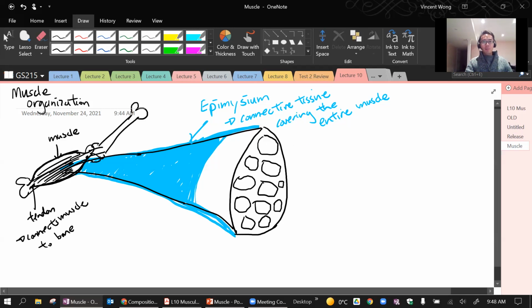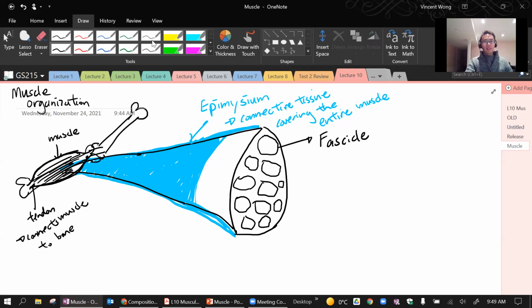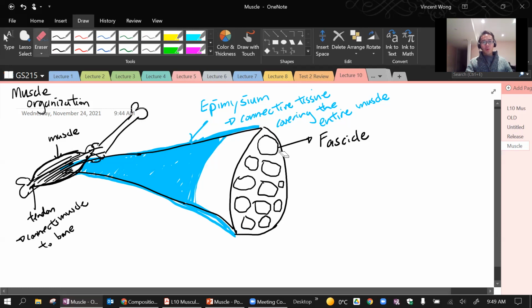Each of these little circles is called a fascicle. I'll tell you what a fascicle is in a second. So one fascicle here, another fascicle, another fascicle, and so on.